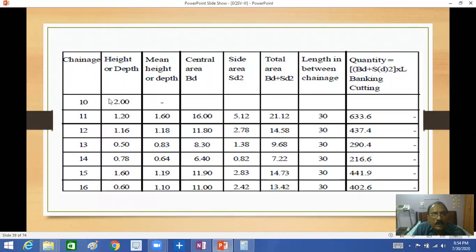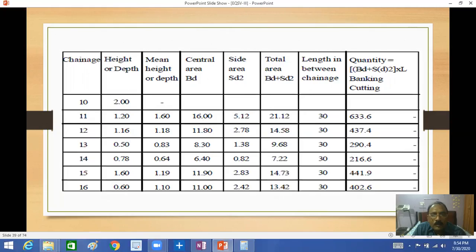You will get 2. This is D0. Then D1 is 1.2, and so on for the other depths. Mean depth is calculated from two consecutive depths. This is Dm. And the central area is B times D.